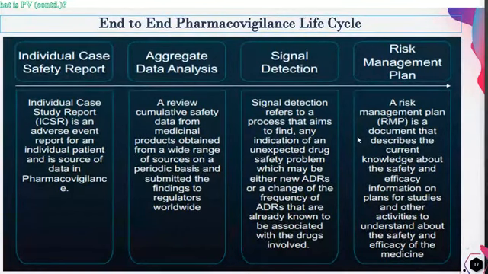So next would be the aggregate data analysis. It's a periodic review: a cumulative review of safety data on medicinal products obtained from a wide range of sources on a periodic basis, with the findings submitted to regulators worldwide.